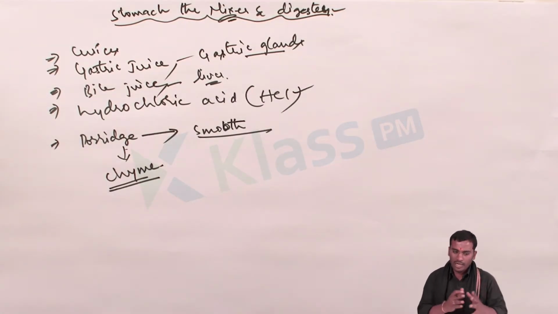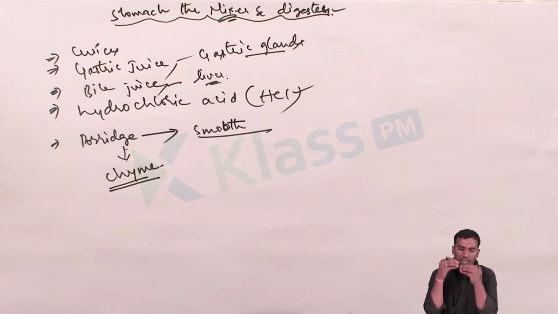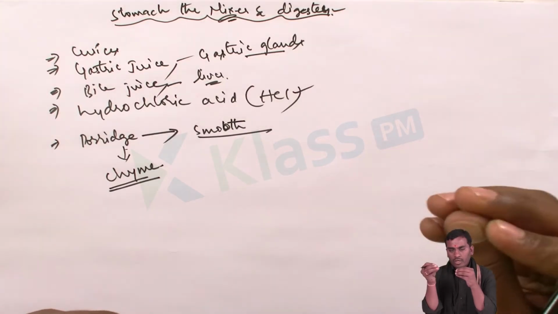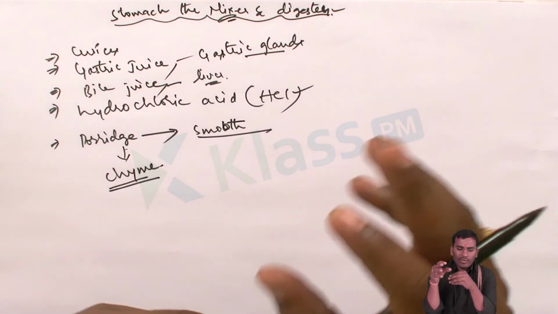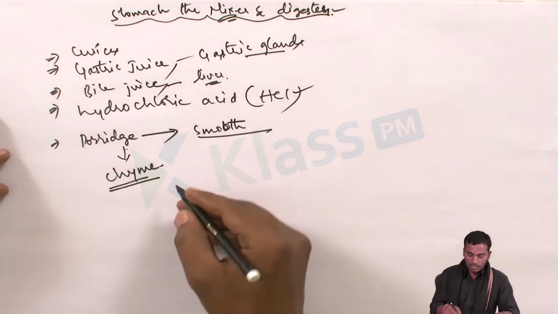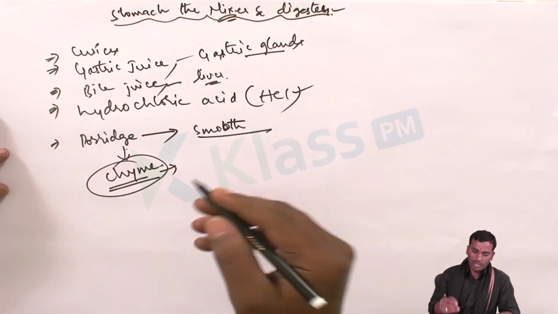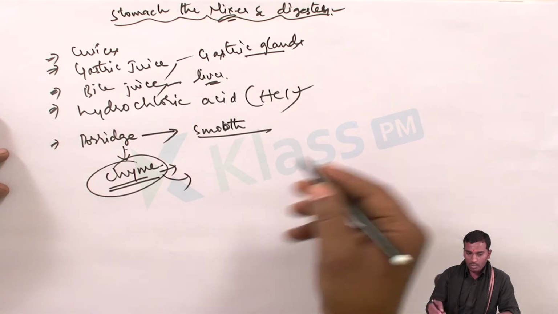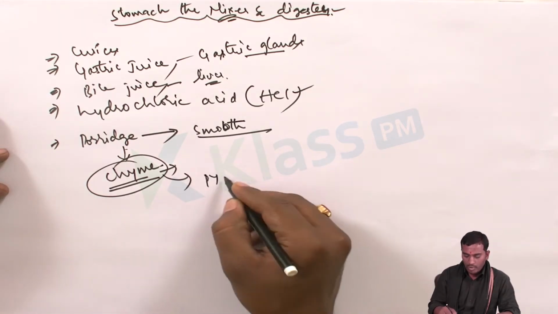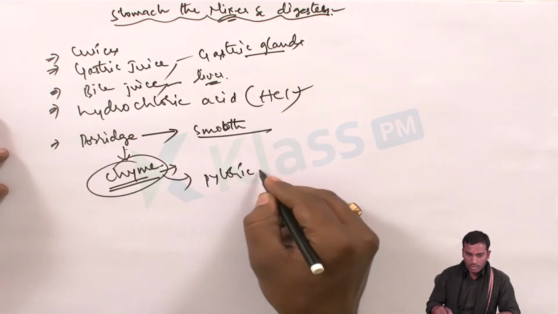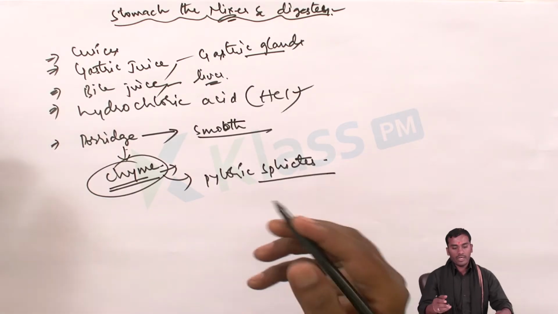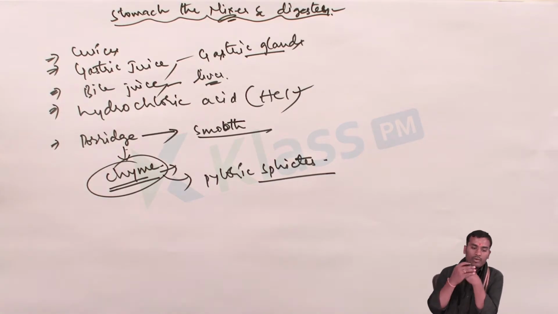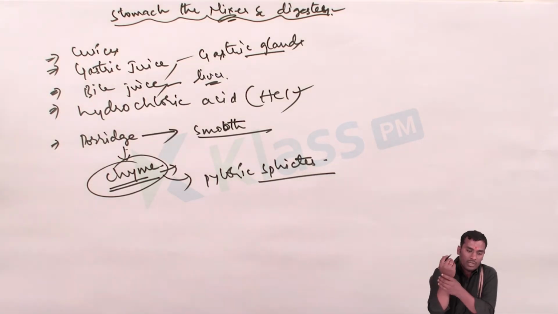At that particular time period, we have another movement of the stomach, in other parts of the digestive system, that we call the pyloric sphincter. When the chyme has been formed in the stomach, it enters the other part with the help of the pyloric sphincter, which is at the opening of the stomach.